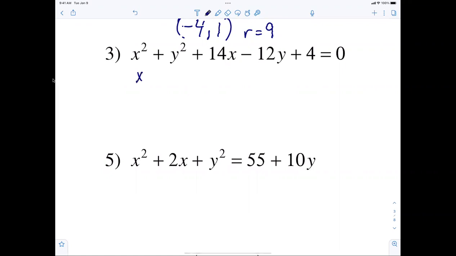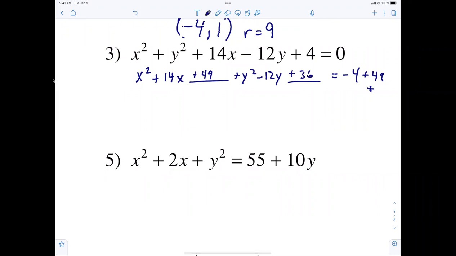So here we go, x squared plus 14x, we leave a space, plus y squared minus 12y, we leave a space, equals, move the 4. Half and square, what's half and square? Plus 49. Half and square again, plus 36. It always factors to whatever the half was.